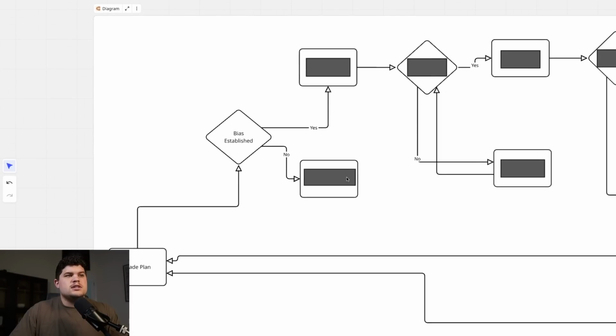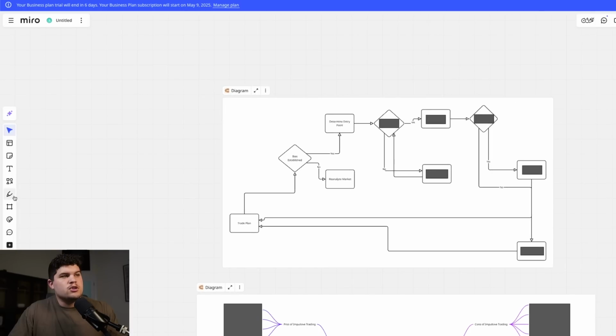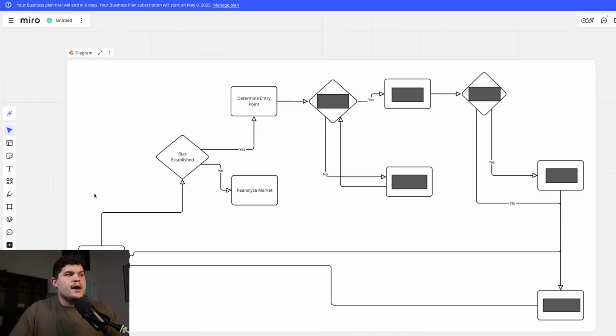Now, if you don't have a bias established, you don't have a trade plan, and that might be the issue. You have to reanalyze the market and go back to your trade plan. After everything that I say, you should not have to redo everything. I want to make this abundantly clear. For the most part, you can quickly go back and figure out your issue.